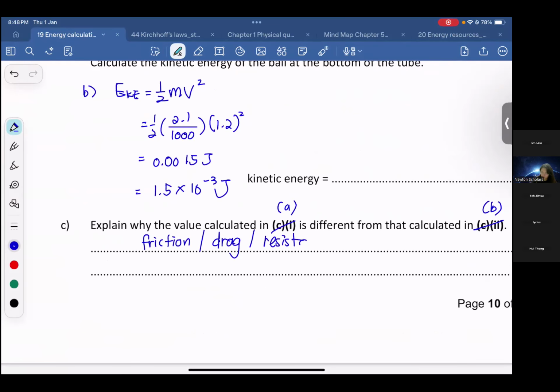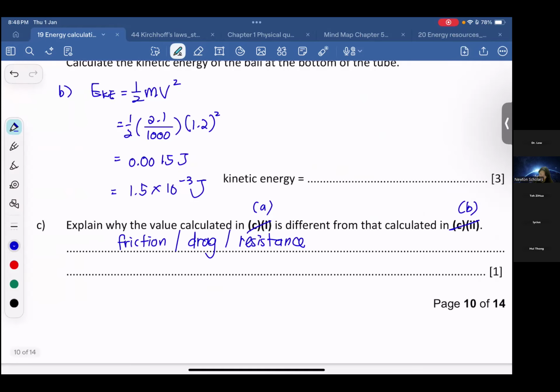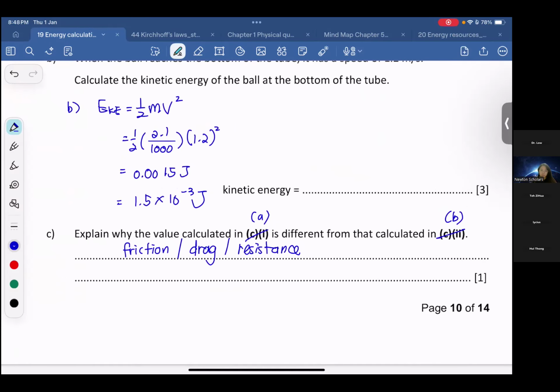All of these can be accepted. Energy is lost due to friction, due to drag, or due to resistance. But if you write air resistance, confirm wrong, because there is no air. Okay, for this question, settled.